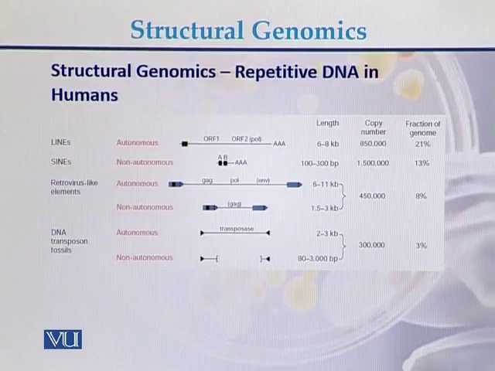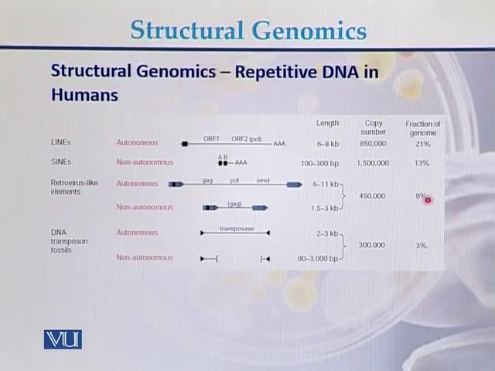In the genome of humans, there is approximately 45% repetitive DNA. That repetitive DNA is in the form of LINEs. LINEs are approximately 6 to 8 kb in length, and that is 21% of the genome. SINEs can be 100 to 300 base pair, and form 13% of the human genome.